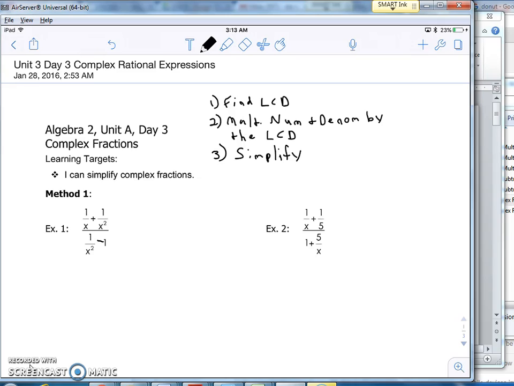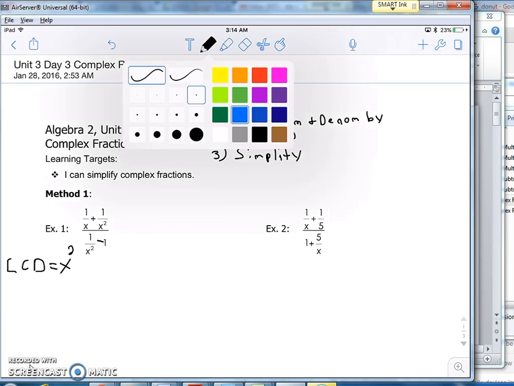When we look at this first example, for the LCD, the unique factor is x. The highest exponent there is x squared, so the LCD is going to be x squared. So I'm going to multiply top and bottom by x squared.